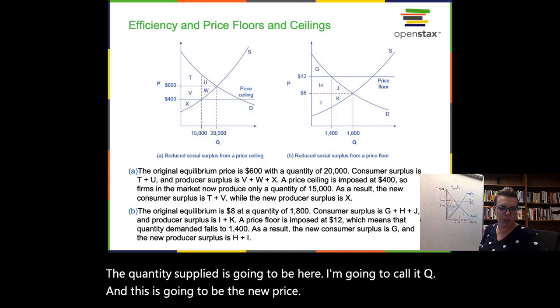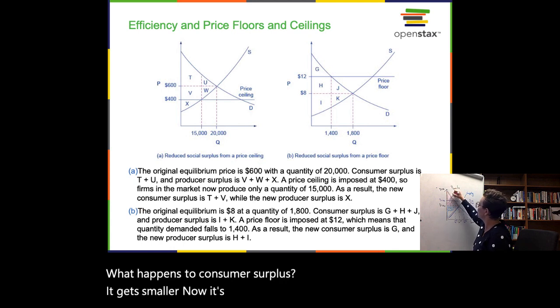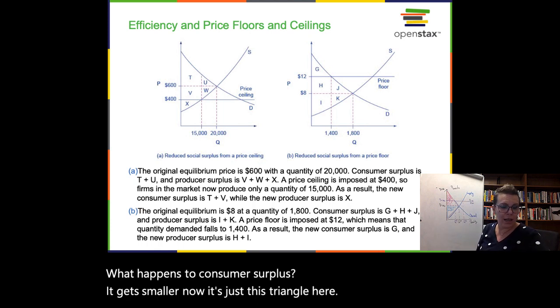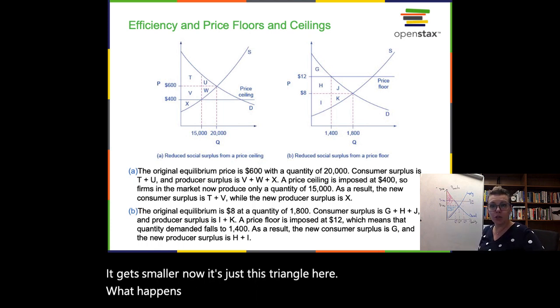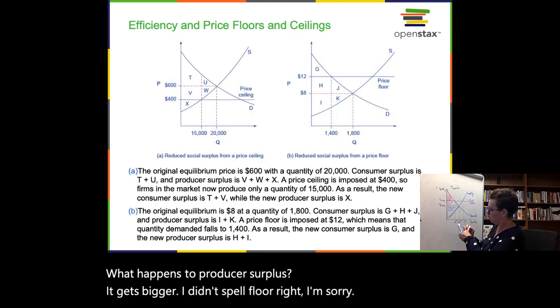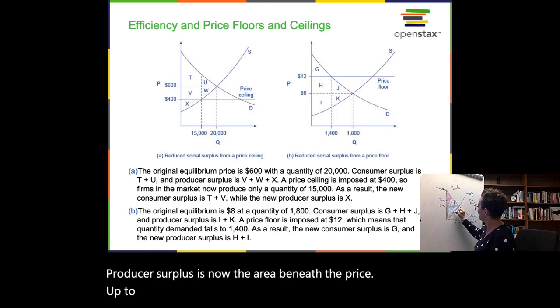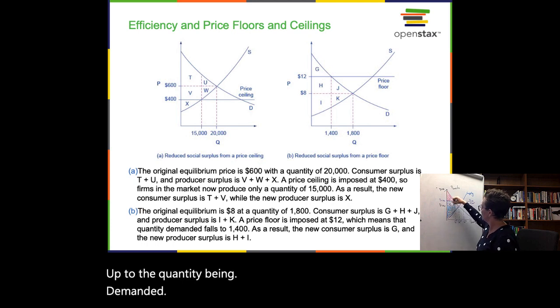What happens to consumer surplus? It gets smaller. Now it's just this triangle here. What happens to producer surplus? It gets bigger. Oh, I didn't spell floor right. I'm sorry. Producer surplus is now the area beneath the price up to the quantity being demanded. What happens to this, though?